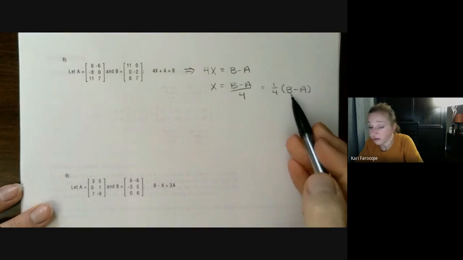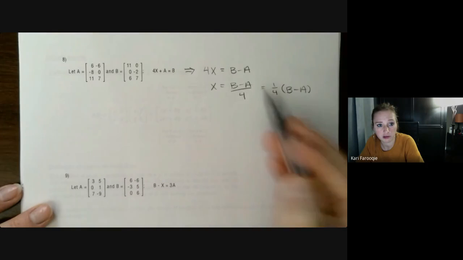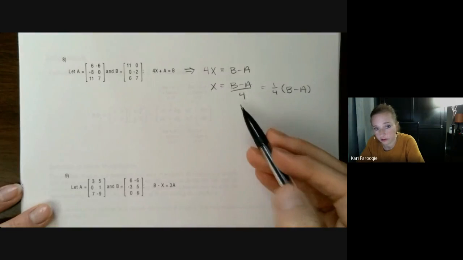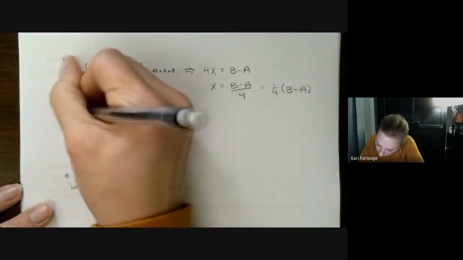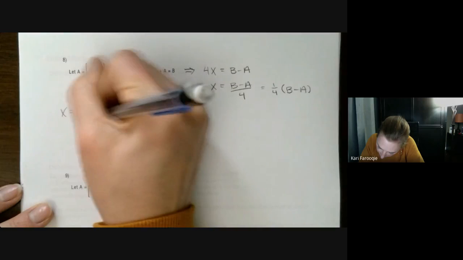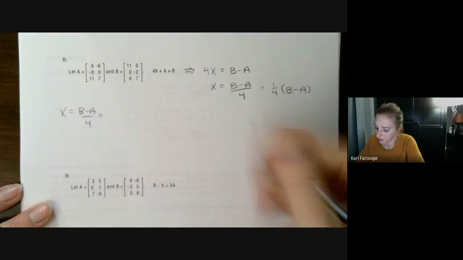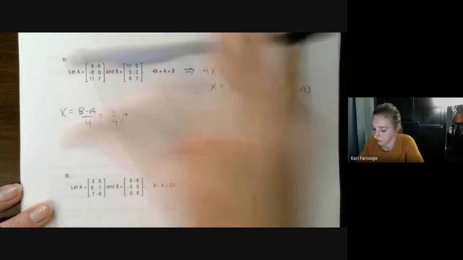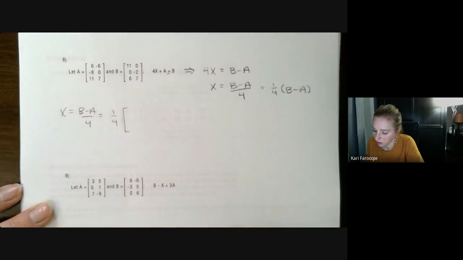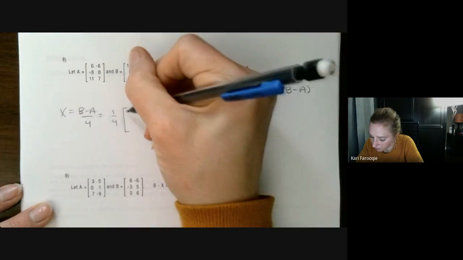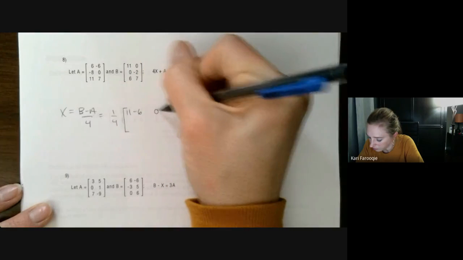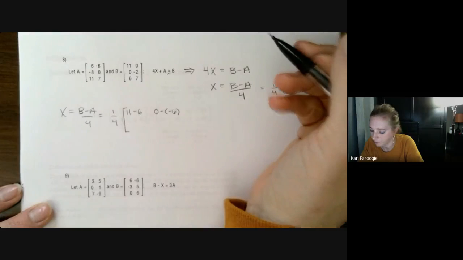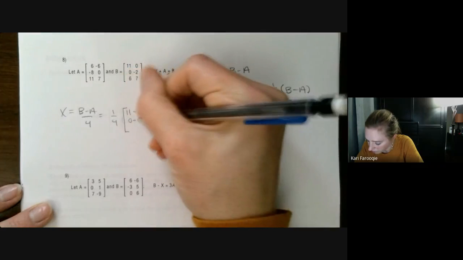So first I'm going to take b minus a. Make sure you're using your parentheses here, or if you're looking at it this way, you don't need to worry about that. And then we're going to divide it by 4. So x equals, we said b minus a over 4. So that means, or if you're thinking about it as 1/4, that's fine too. B minus a, so 11 minus 6. 0 minus negative 6. Be careful there with the double negative. 0 minus negative 8.